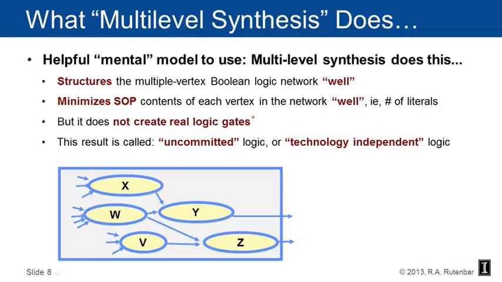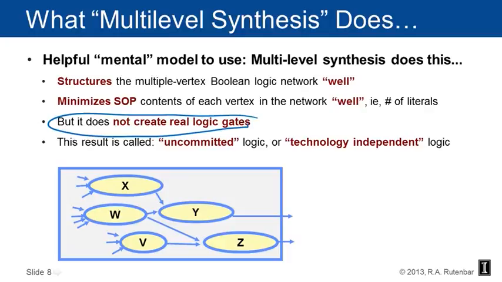The big important thing to note is that optimizing the macroscopic graph structure of the logic network and optimizing the sum of products contents of all of those bubbles is not logic gates. And in particular, it's not logic gates in the technology library you are permitted to use. All right, so this result actually has an interesting name, actually a couple of names that you may or may not have heard of.